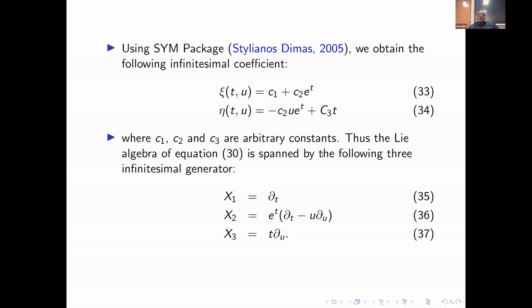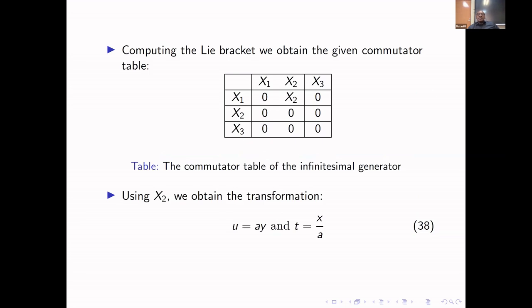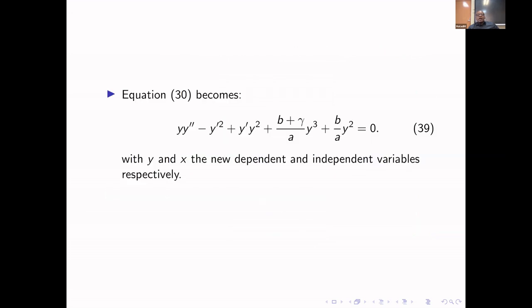Then we conduct our Lie bracket, and we realize that X2 can be used to find the transformation in order to reduce the order of that ODE. So we use X2, which leads us to find this transformation. And now our equation 30 is reduced to equation 39, with y as our new dependent variable and x as the new independent variable.